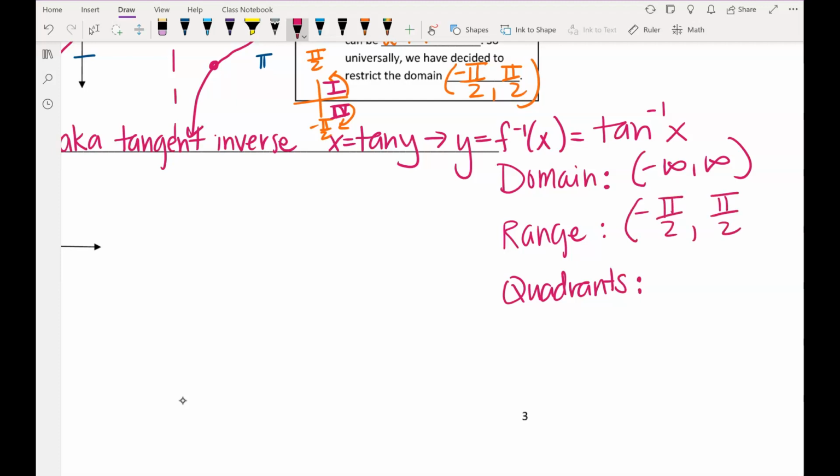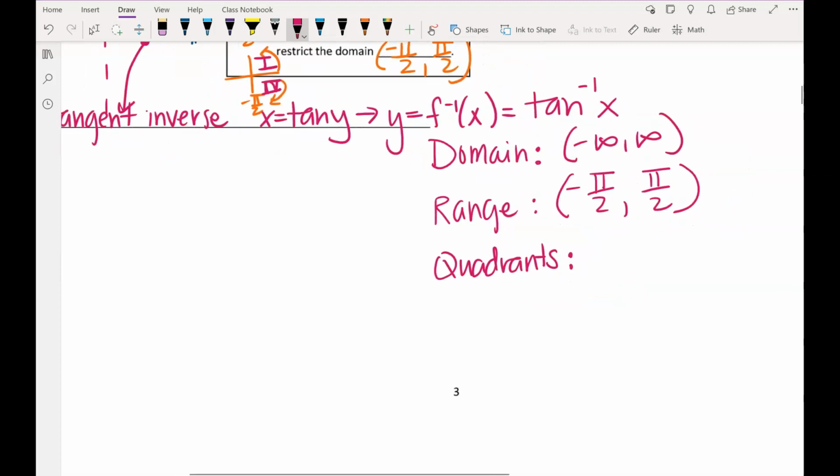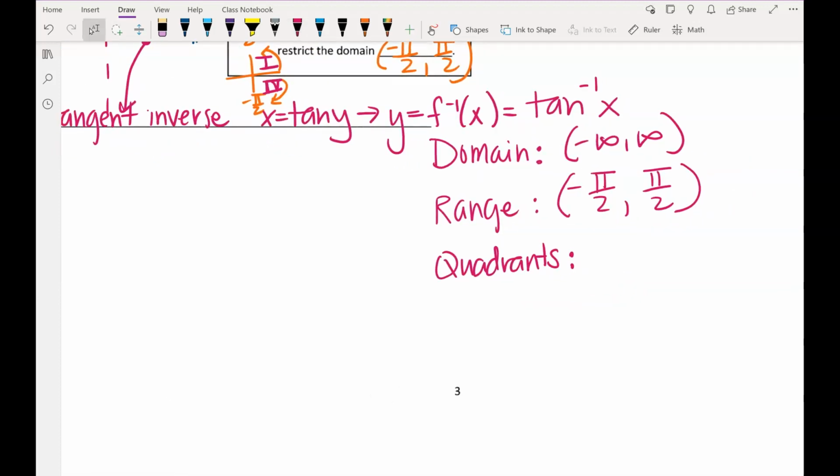Yes. Okay, non-inclusive. And we talked about the quadrants already. So Cami, what two quadrants is tangent inverse in? You're right, quad 1 and quad 4. Now students, in quad 1, tangent will be all what? Positive or negative? Positive. In quad 4, tangent will always be negative.